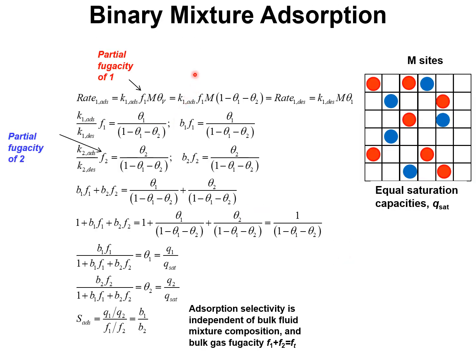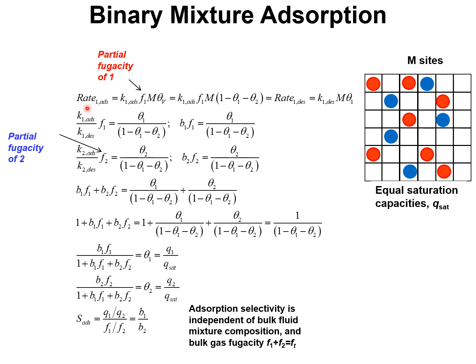Let us consider the adsorption of a mixture consisting of components 1 and 2. Component 1 is indicated in red here, component 2 indicated in blue. We assume that components 1 and 2 have equal saturation capacities, and each of these guest molecules occupy one site on the checkerboard that contains a total of m sites.